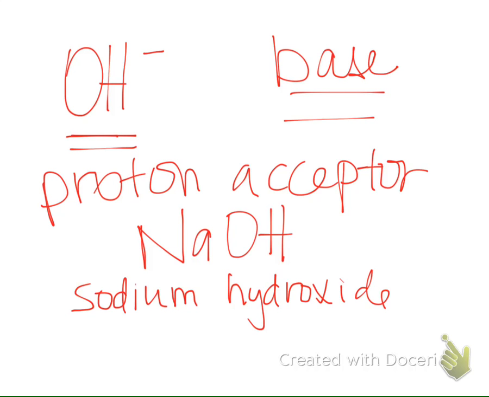We're going to do some practice now with ionic, covalent, and acids. I'm just going to write a bunch of molecules up on the board, and you need to determine whether they're ionic, covalent, or acids, and name them in the correct format. All right? So let's see here. Go ahead and just do these in your notes.